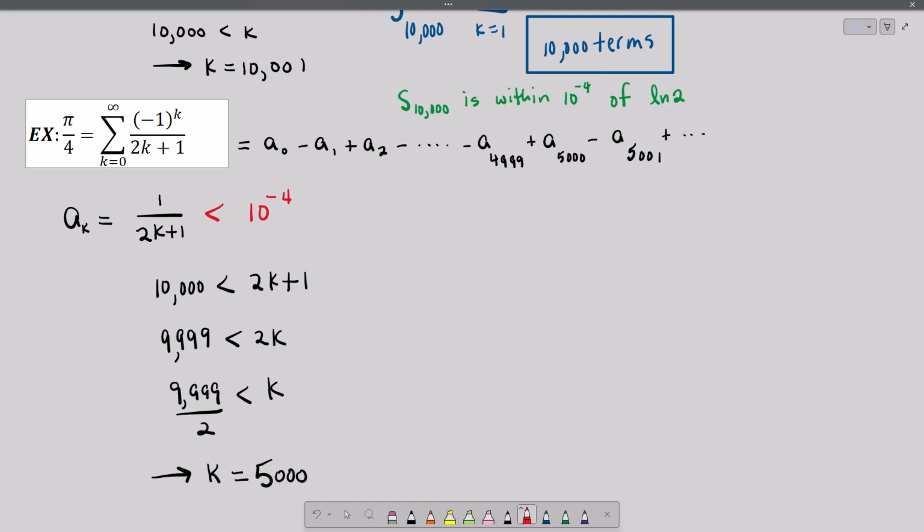So now this term is the first term that's less than 10 to the negative 4. That is when k, the index, is 5,000. So we want to add everything in front of it.